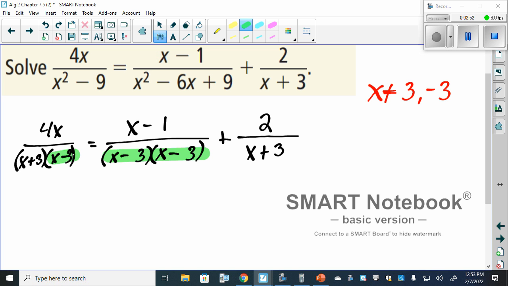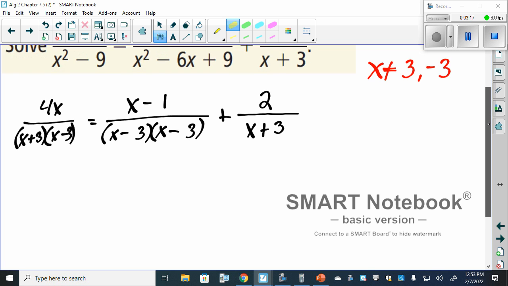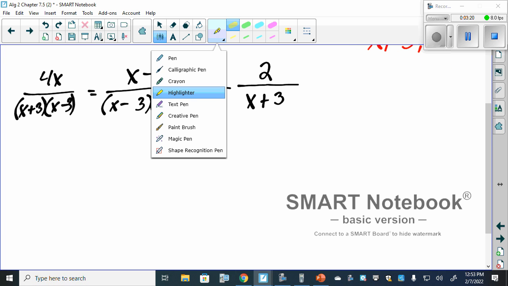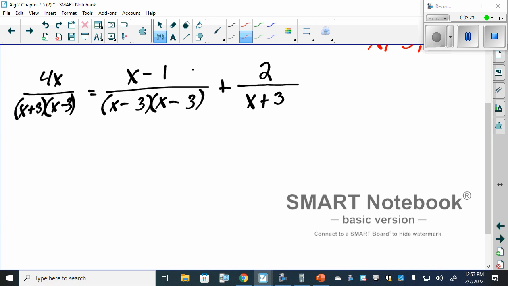And if x were negative 3, the x plus 3 terms would become 0. We cannot have 0 in the denominator. So we cannot have a solution where x is 3 or negative 3. If we do get such a solution, we know it does not work; it would be an extraneous solution. That's part of the reason we need to factor the denominators, so we can see that.